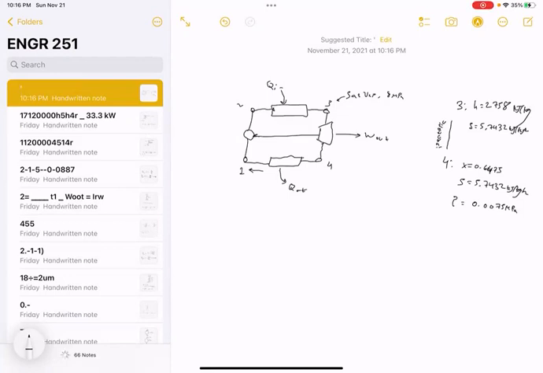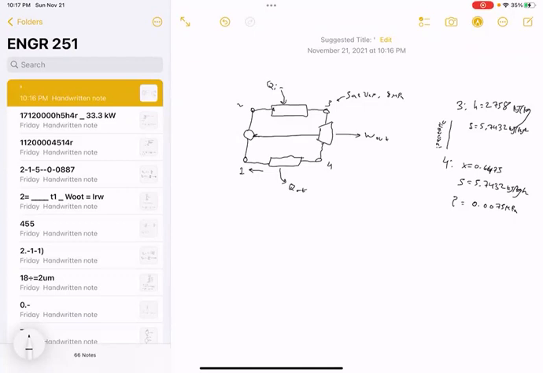So if I look for a mixture at 0.0075 and 64.75% quality, then I don't even really need the entropy. I can find the enthalpy by doing what we've done a million times before, right? Which is hf plus x hfg.